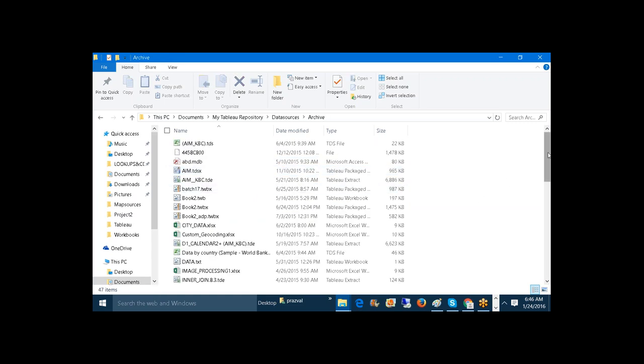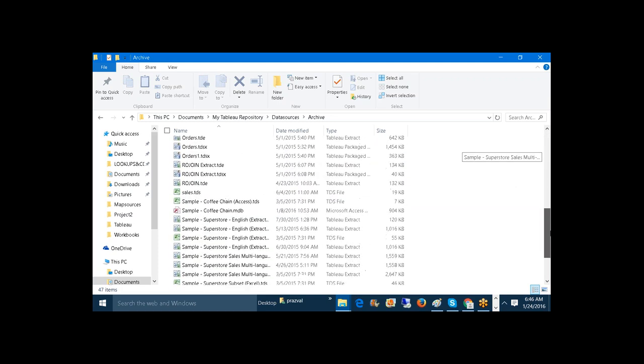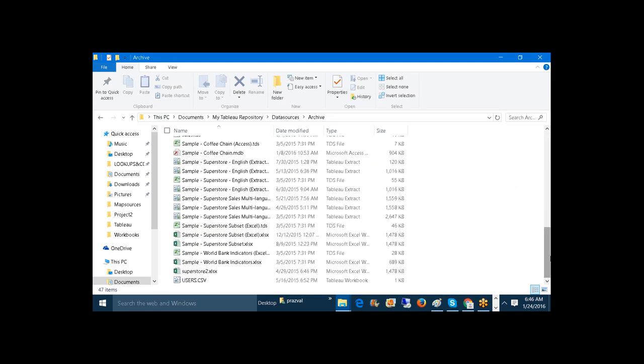If we go to the data sources, here we can see the default data sources. By default, Tableau offers some default data sources. They are known as Superstore, Extract, Coffee Chain, and World Bank indicators. These 4 data sources are commonly offered by Tableau.